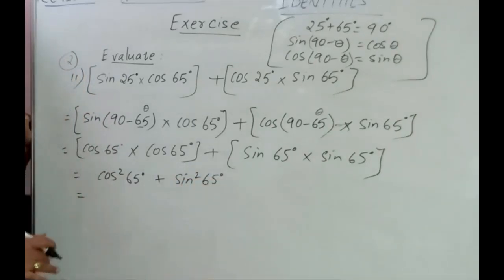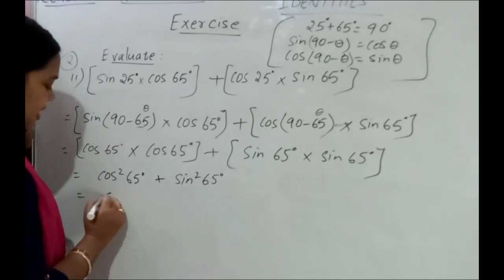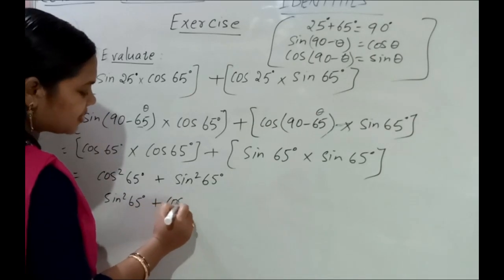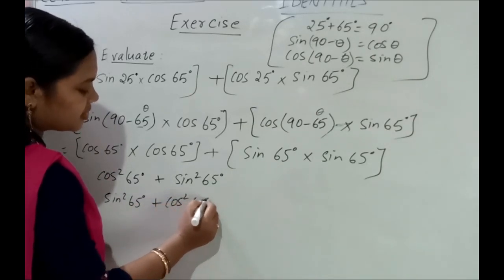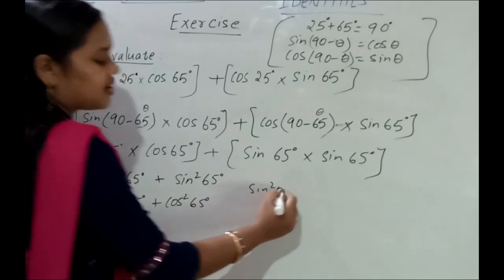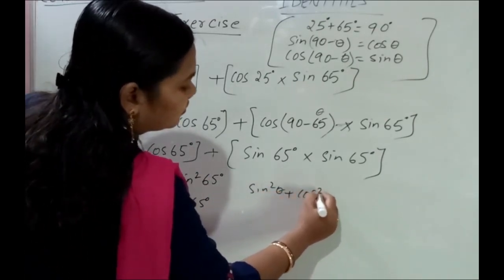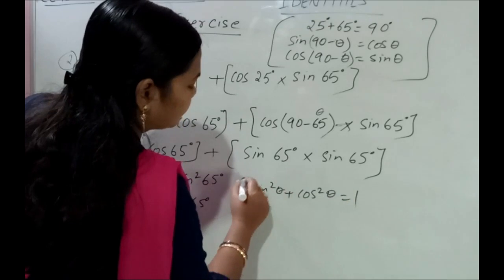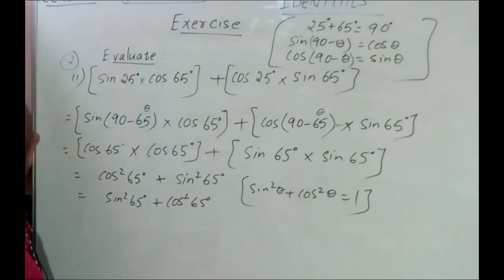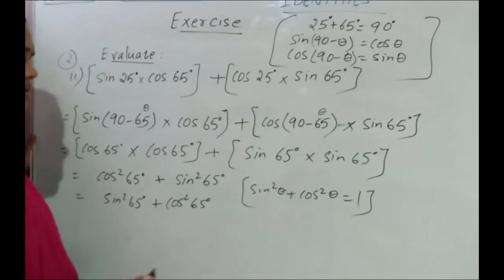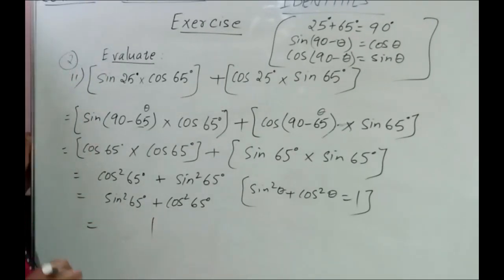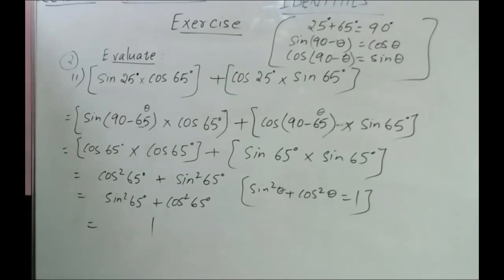We are getting that same identity again: sin² 65 plus cos² 65. Sin² theta plus cos² theta, how much? 1. Sin² 65 plus cos² 65 is equal to 1. Answer is 1. Understood, children?